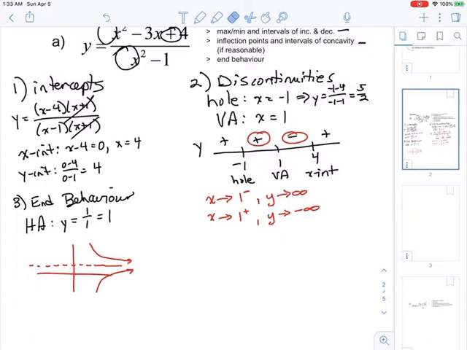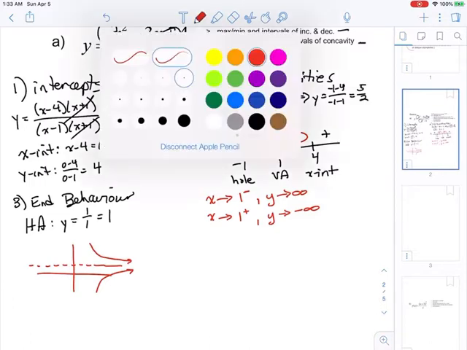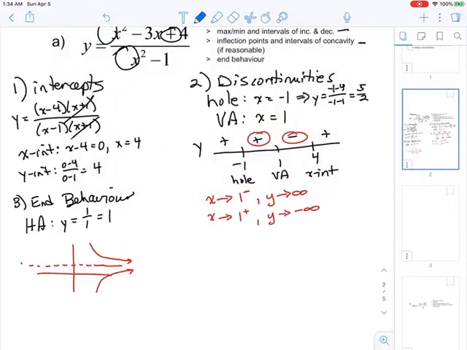So what we need to do is shift this asymptote down to here, which means we're taking the whole function and shifting it down. So we're subtracting 1 from the function.